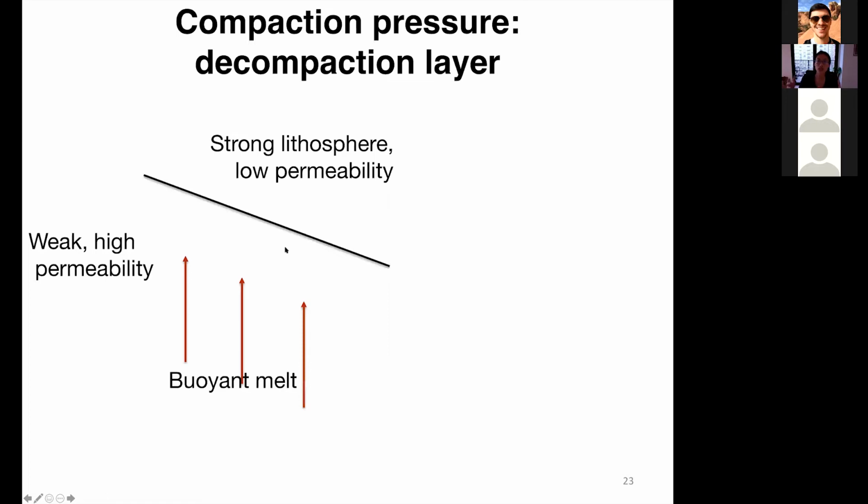And in the decompaction layer, as buoyant melt is rising in a weaker mantle that is permeable as well, it encounters a cold and therefore strong lithosphere that is hard for it to open up pore spaces for melt to go through.